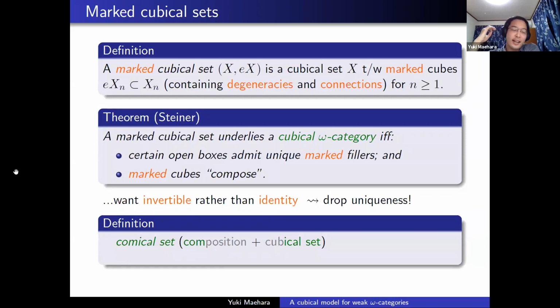For example, in the strict case, I guess the cubical omega categories without connections are not equivalent to the usual omega categories. But from our open box fillers, I think we can get connection-like things even if we didn't have them to start with. So maybe somehow we can do without them.